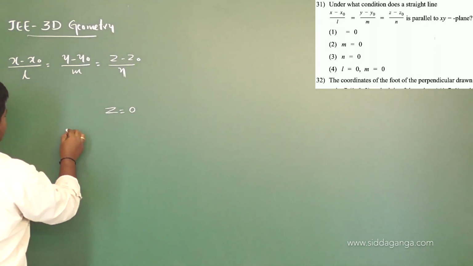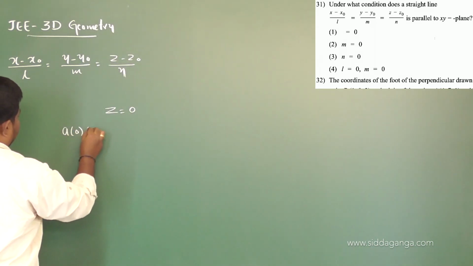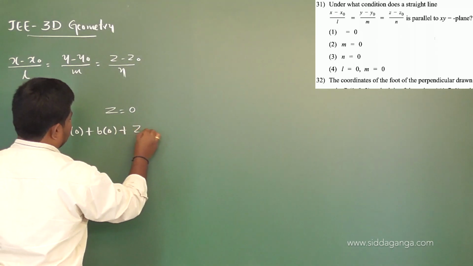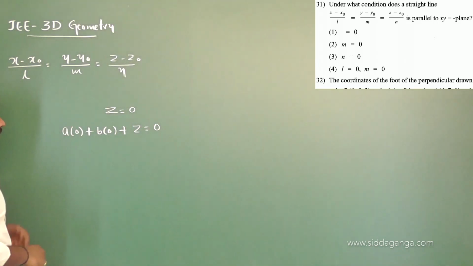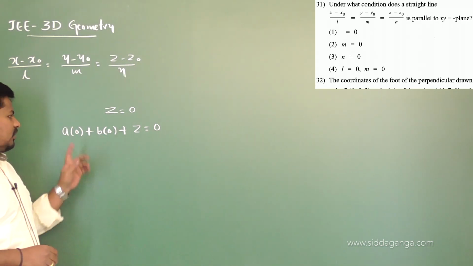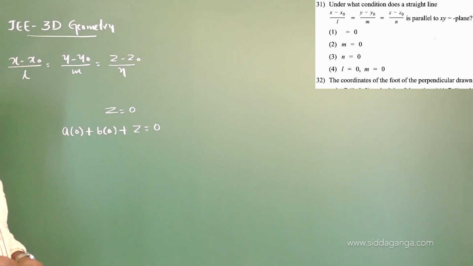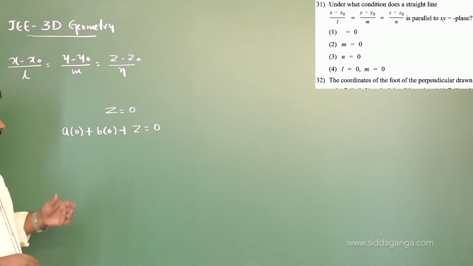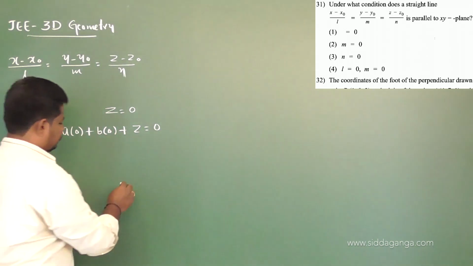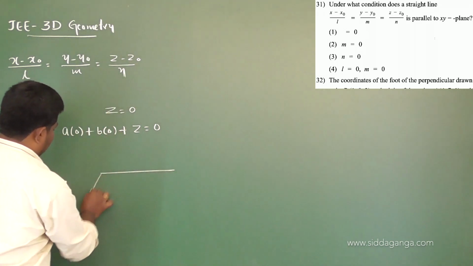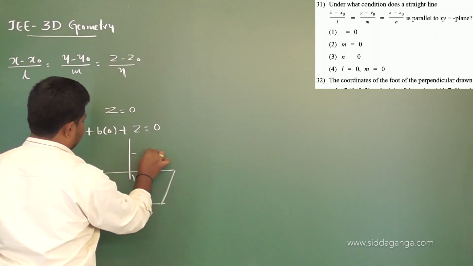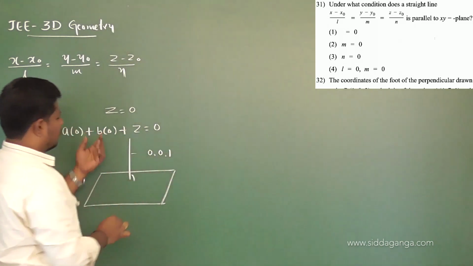Or I can write a into 0 plus b into 0 plus z is equal to 0. So the normal to this plane has ratios 0, 0, 1, by using this condition.